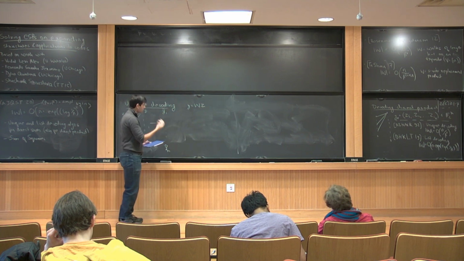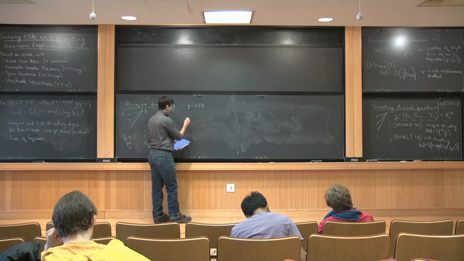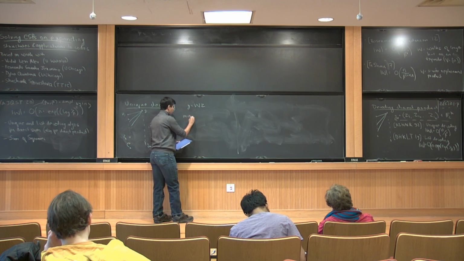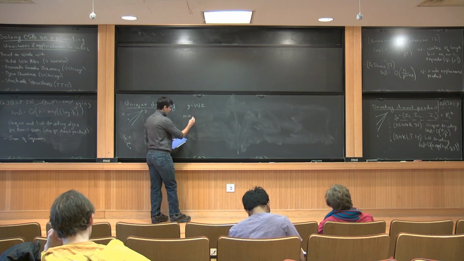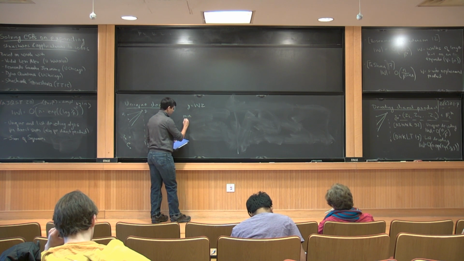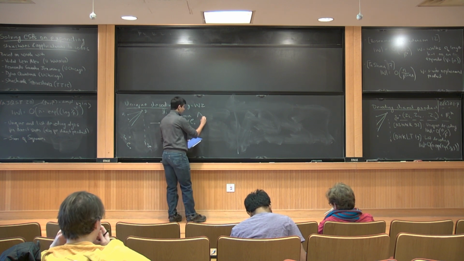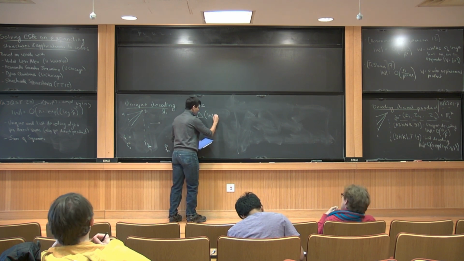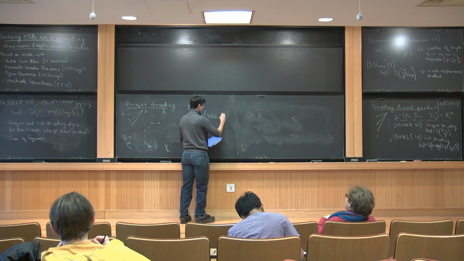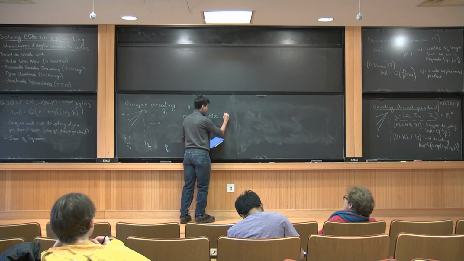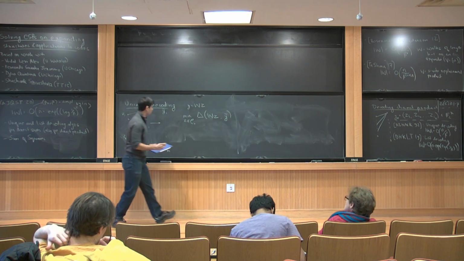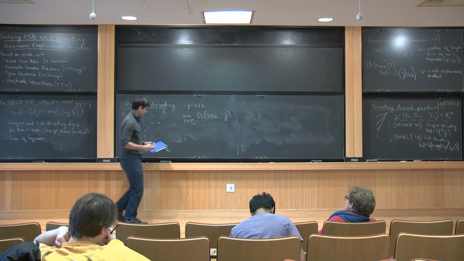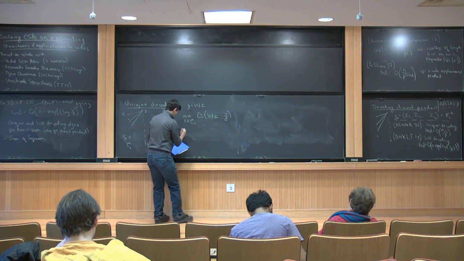We don't know z, of course. So what we are trying to find is the closest z in C0, which minimizes the distance between what the code transformation would give and what we received.